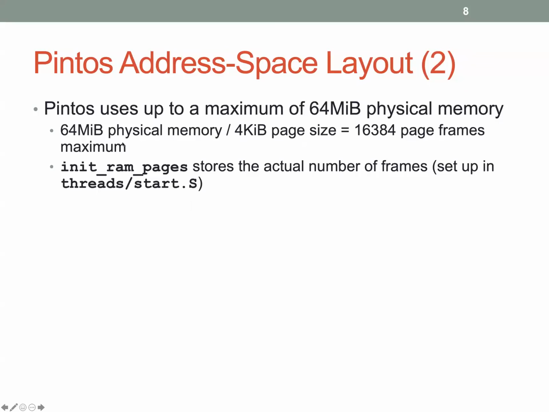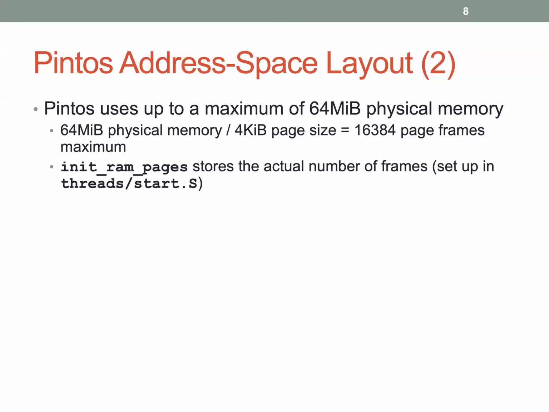So you should be driven off of init_ram_pages if you do this anywhere. Okay, so like if you're allocating a frame table of a certain size, you can use init_ram_pages to compute what size it should be, and then iterate on palloc_get_page with PAL_USER to pull pages out of the user page pool, something like that.